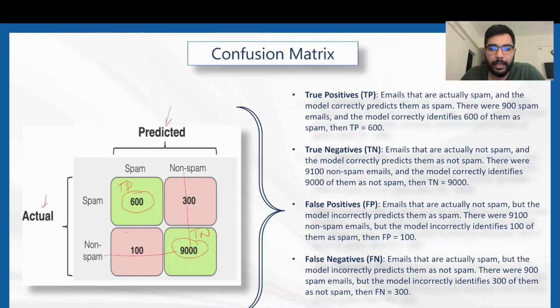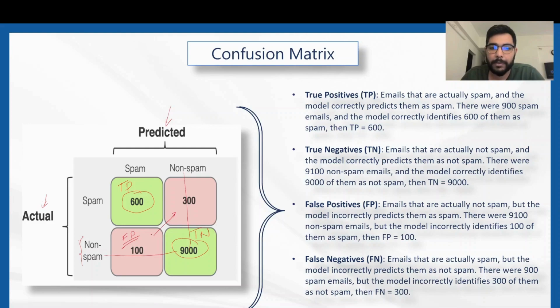This is 9,000. Coming to false positives, this particular quadrant is a false positive wherein the email was actually non-spam. Hear this carefully, the email was actually non-spam, but the model predicted it as a positive class, that is spam. Since it was wrongly classified as positive, it's called a false positive.